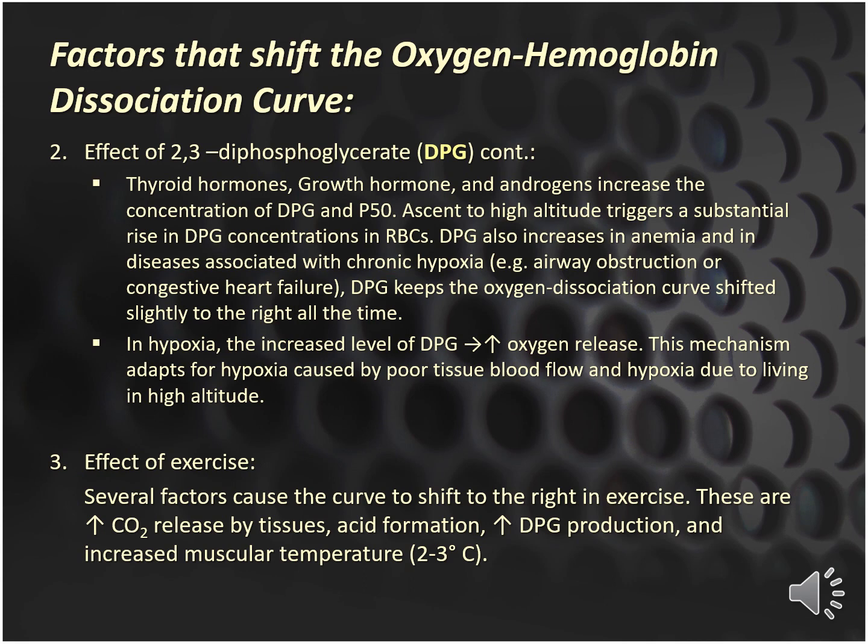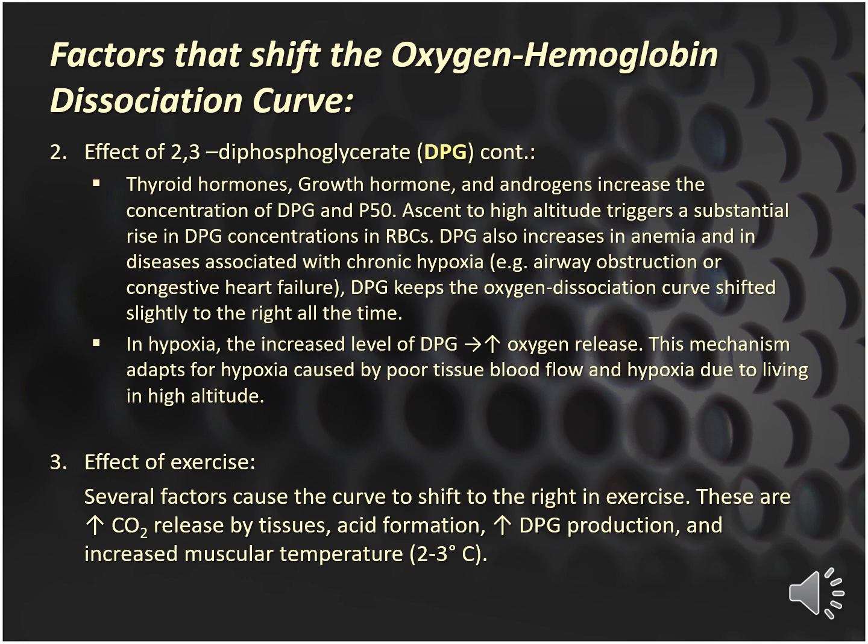Ascent to high altitude, that's to say if we want to go up into a mountain, will trigger a substantial rise in DPG concentration in the RBCs.